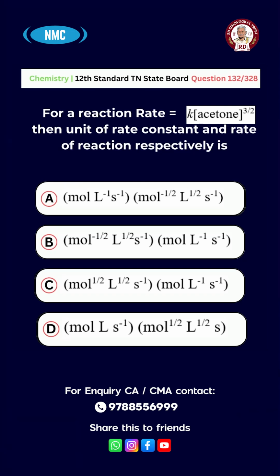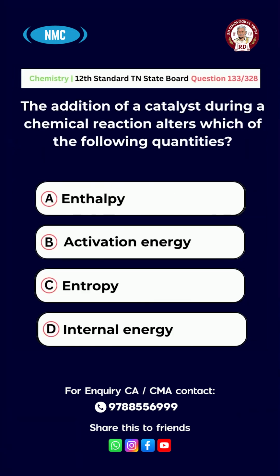Option C, mole 1 by 2 L power 1 by 2 S inverse into mole L power minus 1 S inverse. Option D, mole L S inverse into mole 1 by 2 L power 1 by 2 into S. The correct option is option B, mole minus 1 by 2 L power 1 by 2 S inverse into mole L power minus 1 S power minus 1.